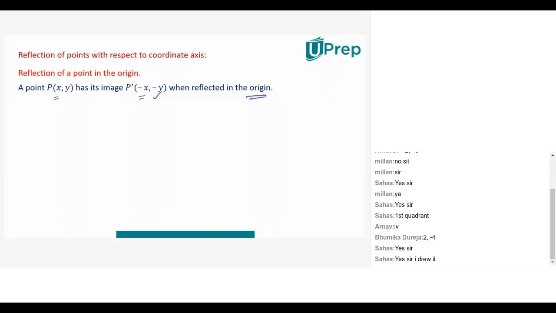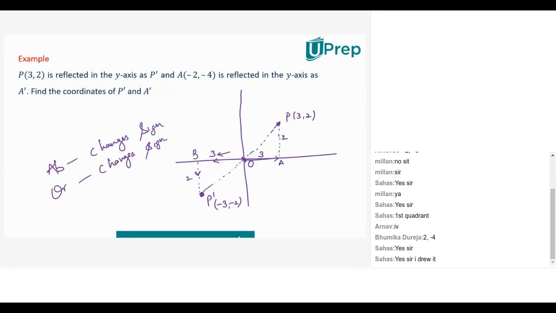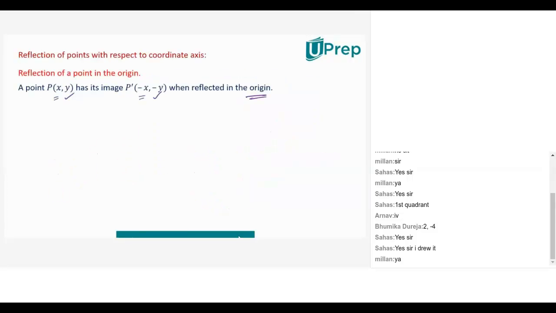Wrote the statement. In support, draw this diagram, not the question. Just this diagram. Monica completed? Yes, sir.